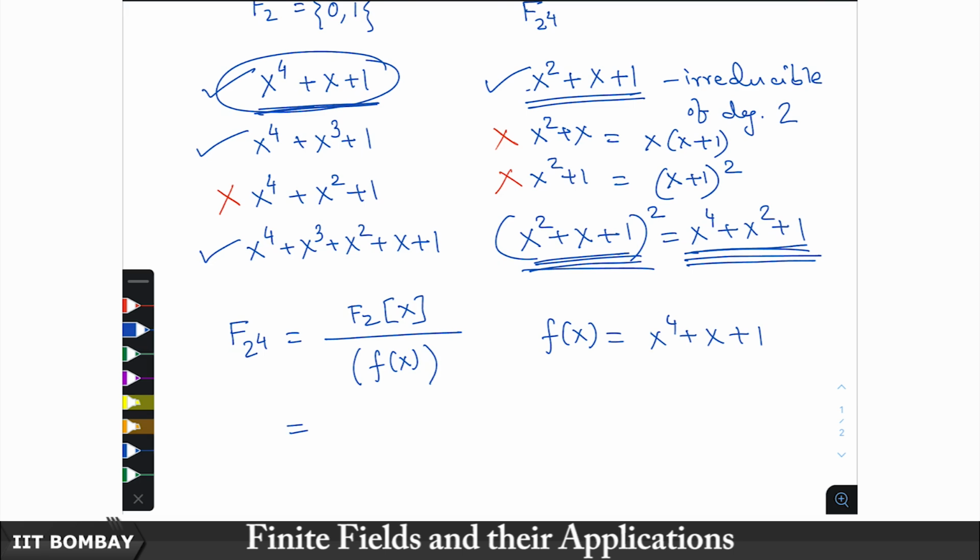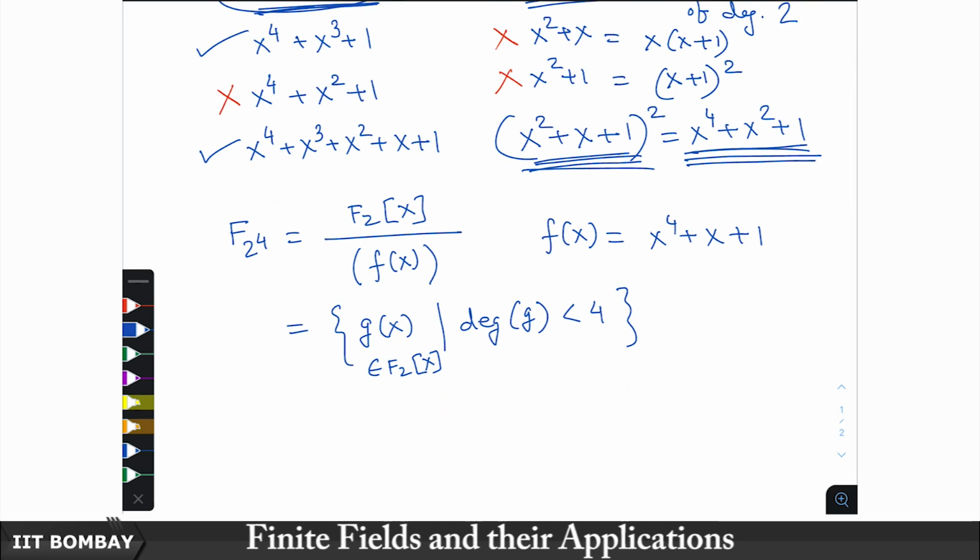Now, you can also represent every coset by a coset representative of the smallest degree, and in that form one can write that this field is nothing but the set of polynomials g(x), where the degree of g is less than 4, and g(x) is basically a binary polynomial of degree less than 4.